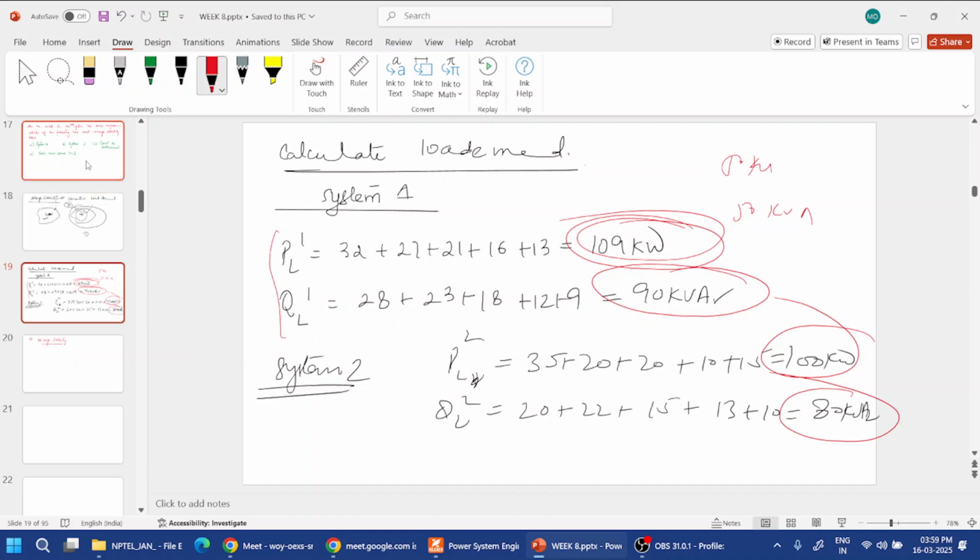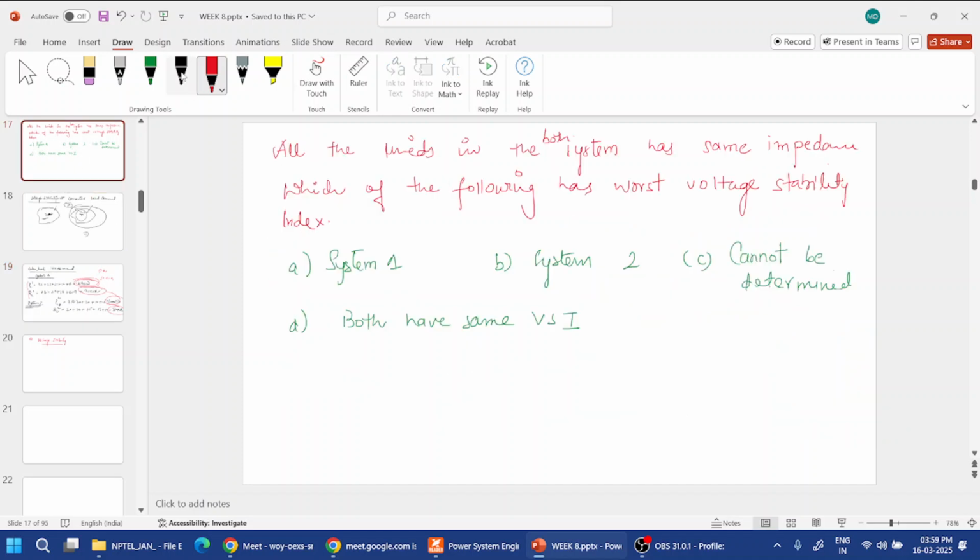Okay, it's quite self-explanatory, I think. So basically, the answer to this question is what? System 1. Yes, system 1 has a higher load demand, so its voltage stability index will be lesser.